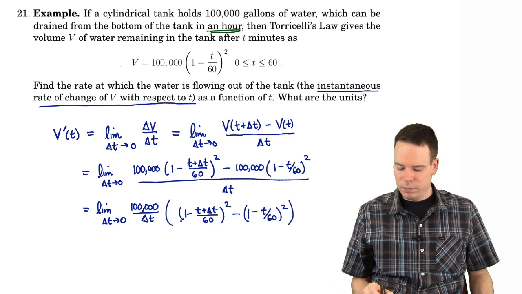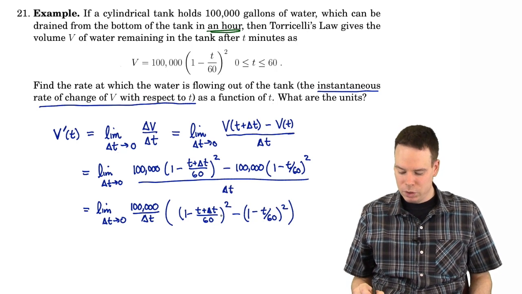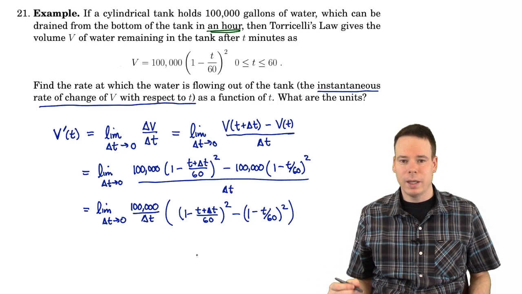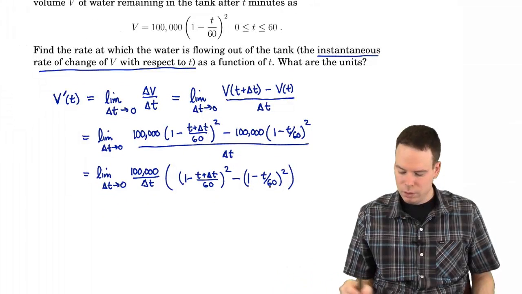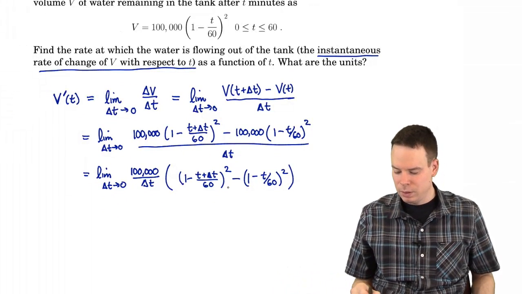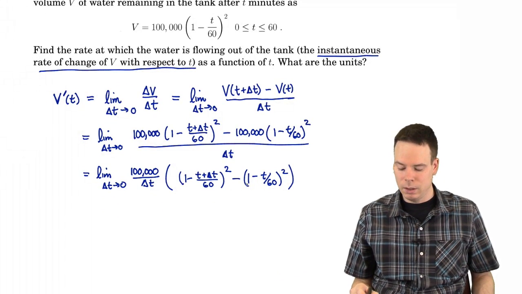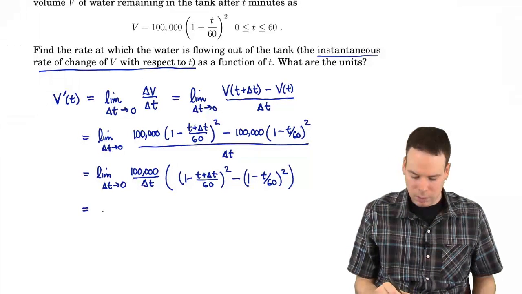Now I have to go ahead and simplify this. There's a couple of options here. One is to just expand both squares and try to see what cancels. There's another option here, and I'm going to go with the other option, just so you can see what it is. I'll leave it to you to do the expanding of both squares and do the canceling, but you might not think of the other option, and so that's what I'd like to show you here.